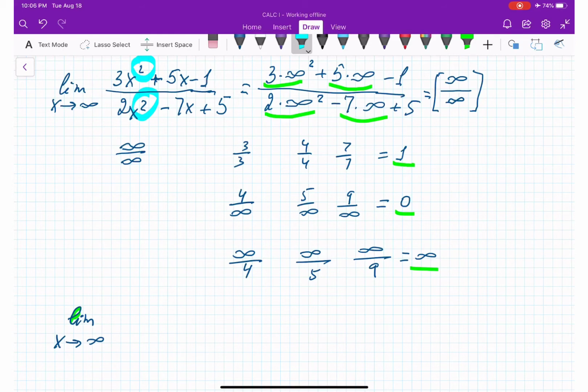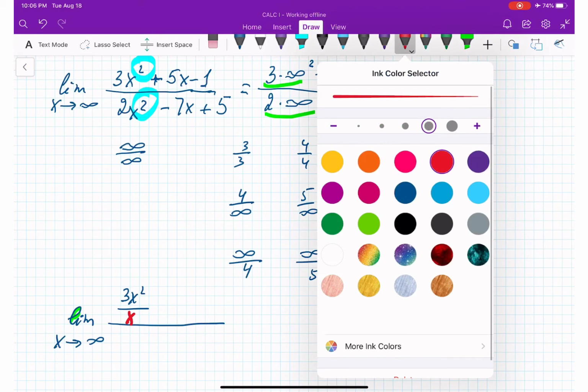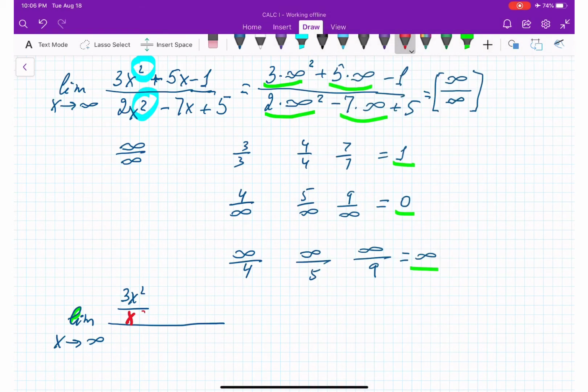We are going to divide every single term by this x squared. All right? And we are going to get the following. 3x squared divided by x squared. We divide every single term in the numerator and denominator, plus 5x divided by x squared, and then minus 1 divided by x squared.